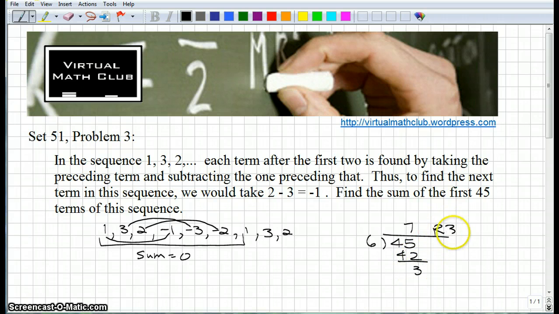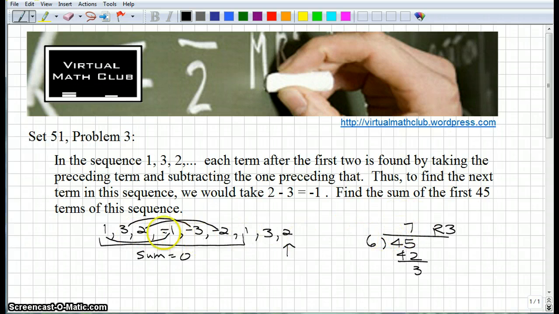So if we were to list out the first 45 terms of the sequence, we would repeat this pattern of 6 seven times, and then go 3 more beyond that. So we would end up here.